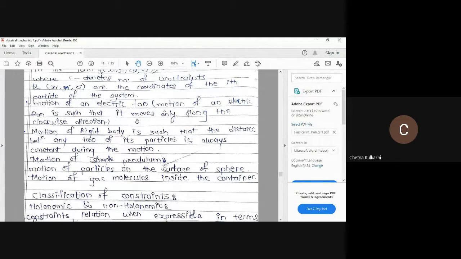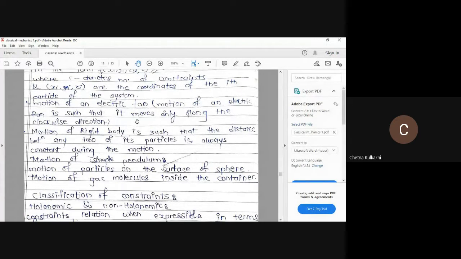Okay, let us assume that we have a duster. If I move this duster to another position, and we have these two points, the distance between these two points will be the same after moving to another position. Correct? So that is what it means that the motion of a rigid body is such that the distance between any two particles is always constant during the motion.